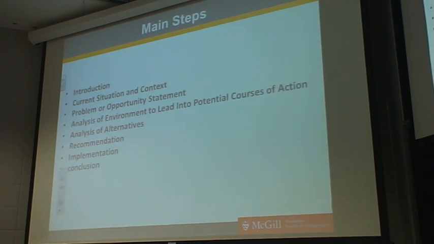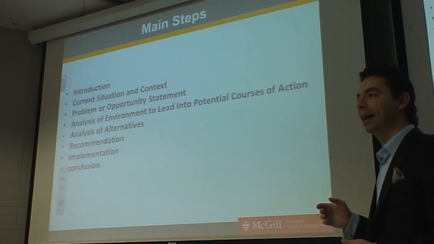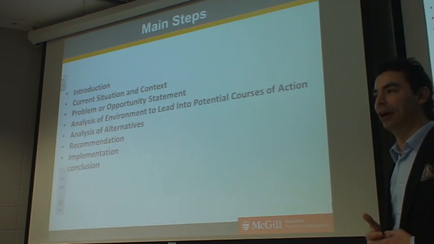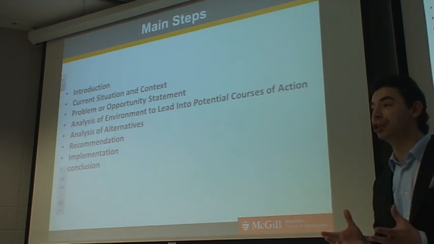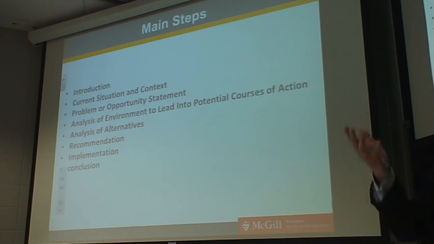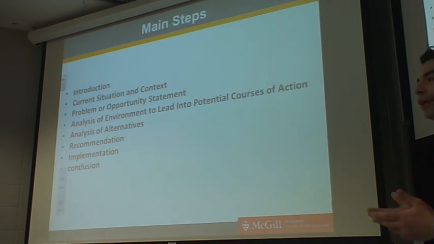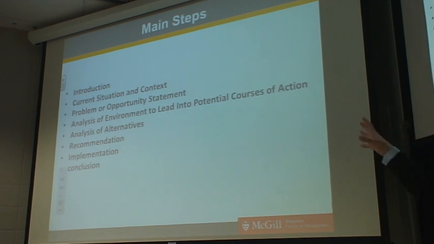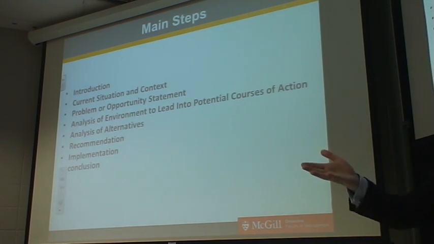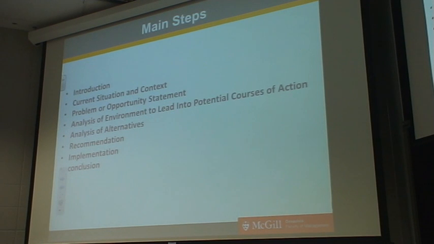So if you define the problem as sales are going down, then your entire strategy is going to revolve around, well, how do we increase sales? It could be introducing new products. It could be expanding to new markets. It could be hiring more salespeople. It could be decreasing the price of products so you can increase volume. But would that solve the problem? No. Right? The problem could be an internal inefficiency.